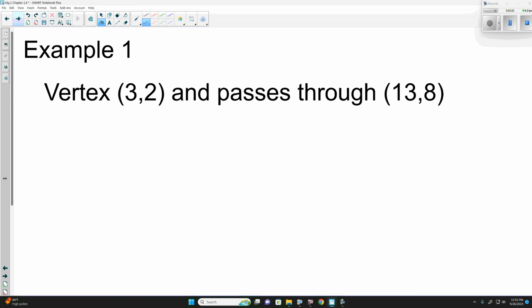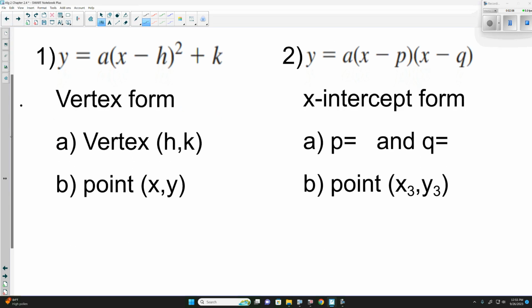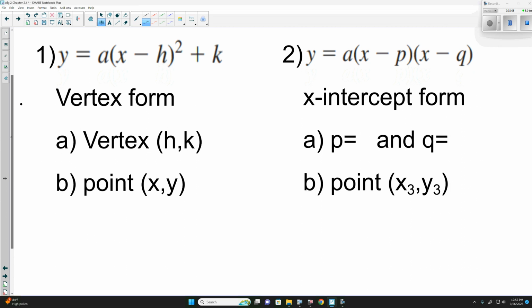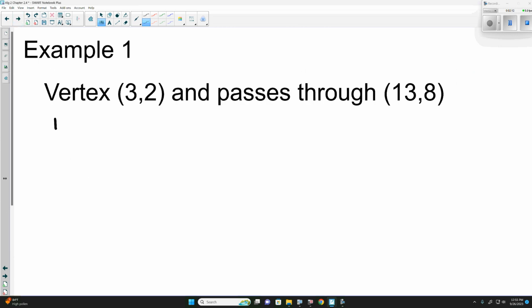So looking at this here, we first need to determine which of the two equations we're going to use, either vertex form or x-intercept. Well, since it told us what the vertex was, we're going to use vertex form. So we have our y equals a times (x minus h) squared plus k.